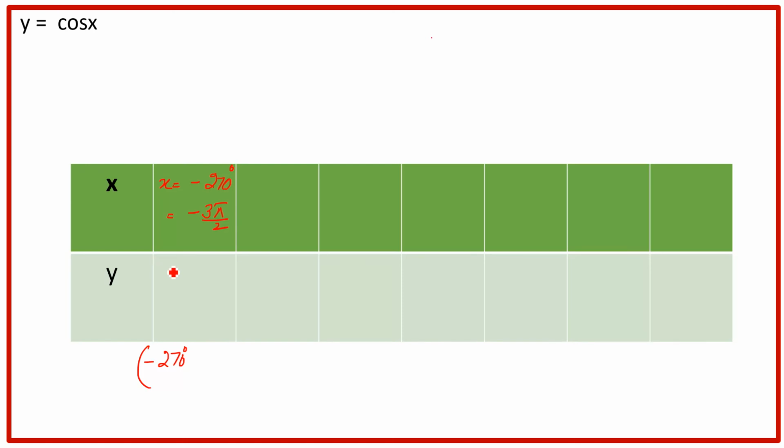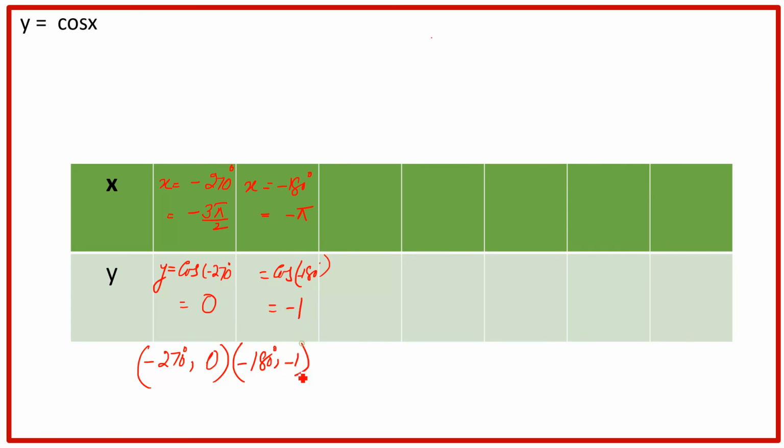Put this in y is equal to cos of minus 270 degree, which is equal to 0. So our y coordinate is 0. Now we will put x is equal to minus 180 degree, or we can write it as minus pi. Both are same. So our x coordinate is minus pi or 180, and cos of minus 180 is equal to minus 1.